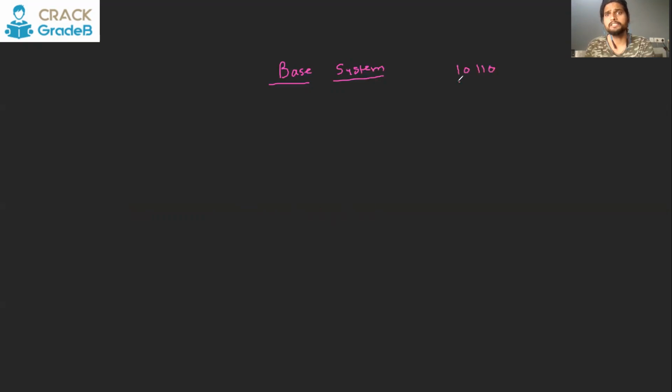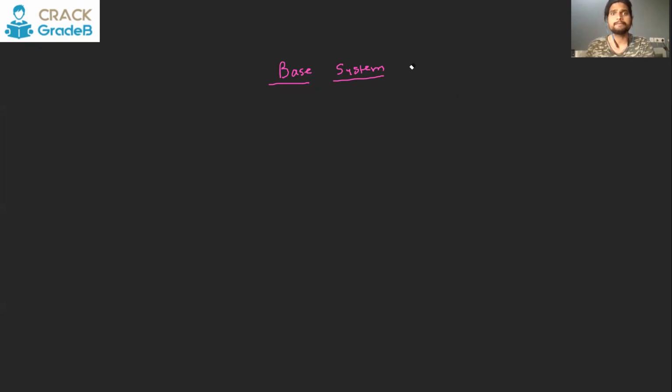This is a number in binary, I think 3 ones were there, 10110, into the decimal system. The question is very easy, very doable. If you have done computers as a subject already, you can solve it very easily. But for those who have never heard the words binary or decimal, they can find this question really tricky. So that's why we'll see only the basic part, not too much into the depth, because conversion is very easy.